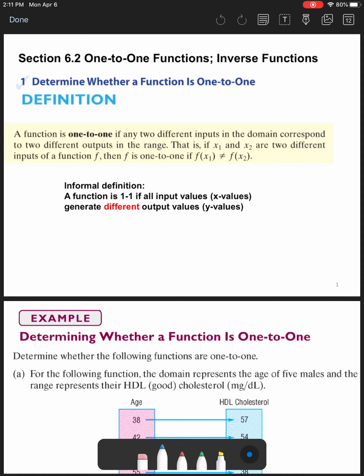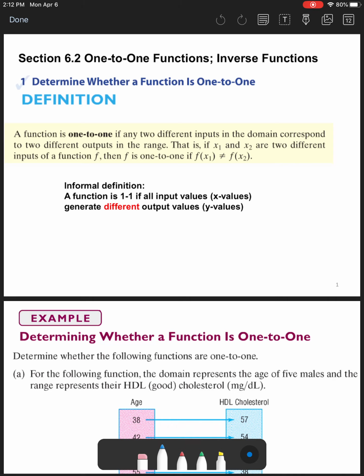A function is said to be one-to-one if any two different inputs in the domain correspond to two different outputs in the range. That simply means none of the inputs or outputs can repeat. Nothing repeats.